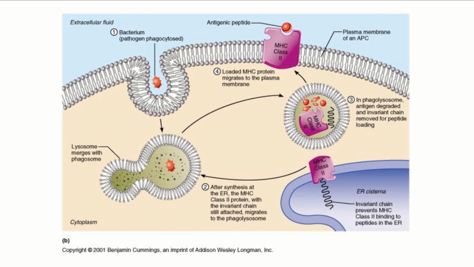MHC class 2s are also antigen-carrying proteins, but they're found on B cells, dendritic cells, and macrophages. So those are the things that are going to carry MHC class 2. An easy way to think about this is MHC class 1 is body-wide, whereas MHC class 2 is reserved for your immune system.